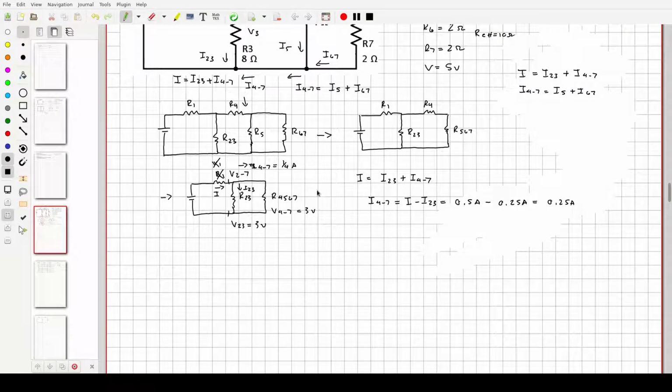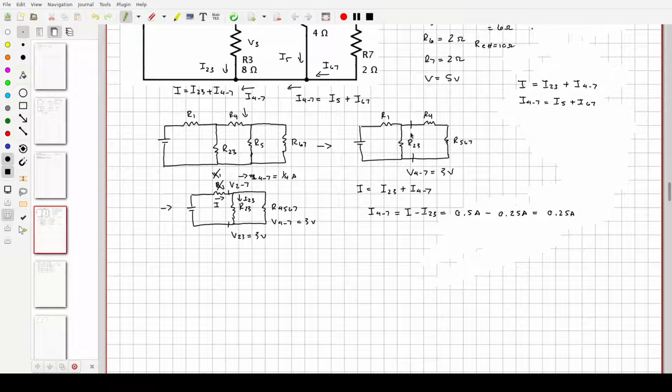Now let's work backwards in our reduction of complexity, because we know the voltage across this and the voltage across this is the same. What that tells me is that the voltage across these two components right here is 3 volts as well. Remember, originally it was in parallel.